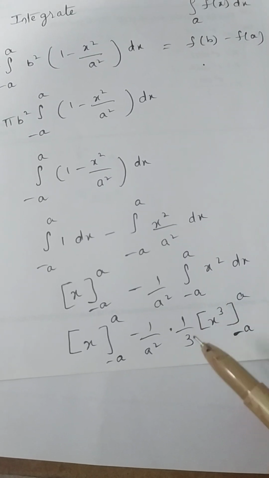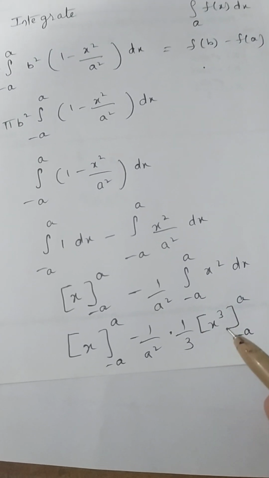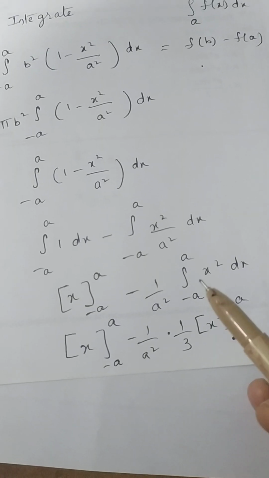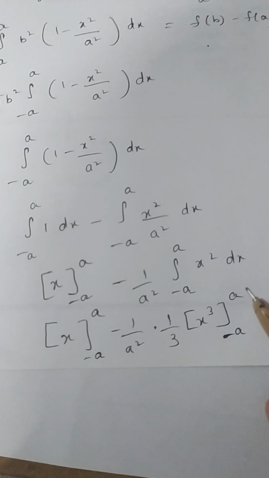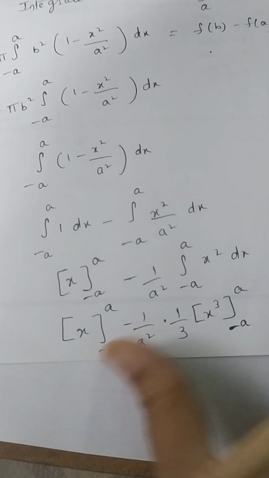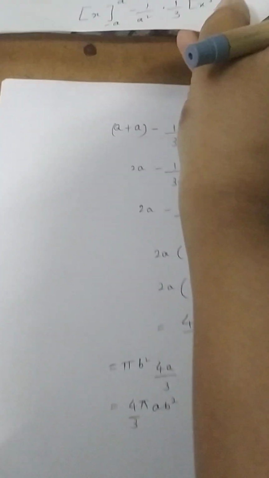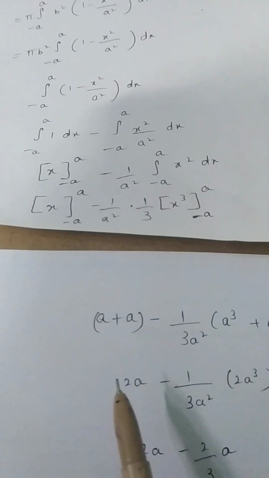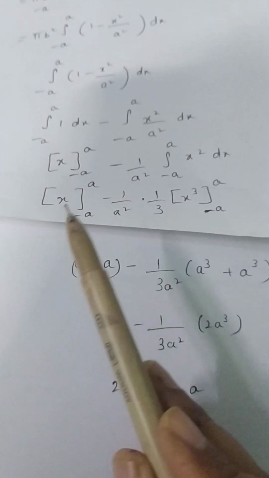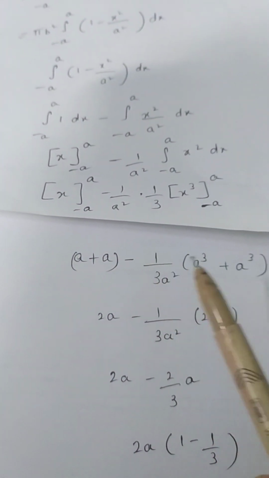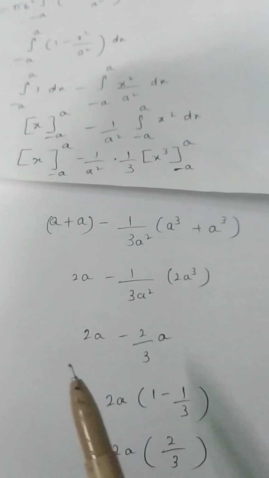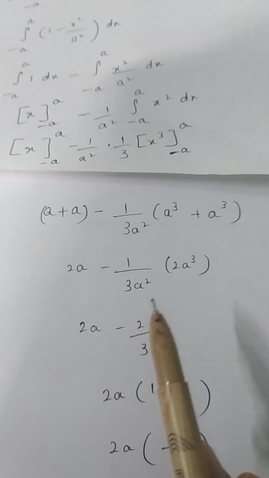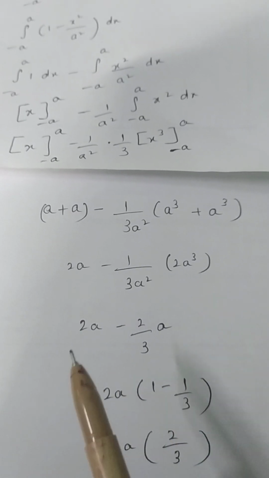Applying this upper and lower limit, minus a to a: a plus a, minus 1 by 3a square, a cube plus a cube. So a plus a is 2a, minus 1 by 3a square, 2a cube.